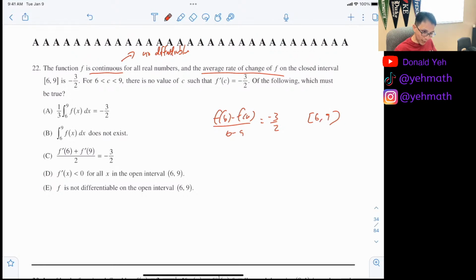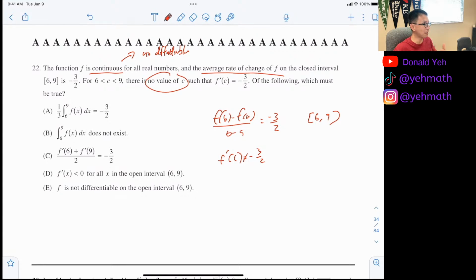And they also say f prime of c does not equal -3/2. There's no value of c where it's -3/2. That doesn't make sense, because usually it equals -3/2 by the mean value theorem. But they say no value of c. That means the mean value theorem does not apply.